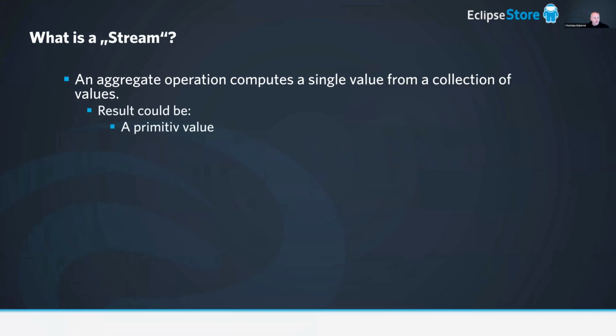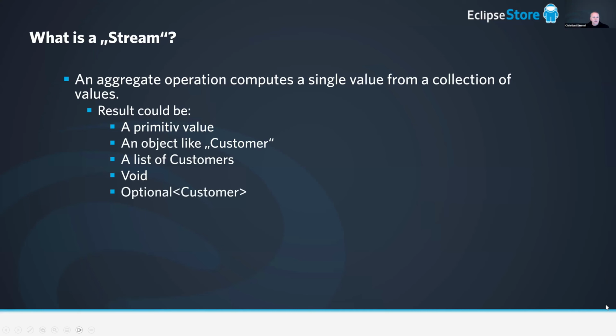Whenever you stream through something, you could get a primitive value at the end. You could get an object like customer, for example. You could get a list of customers, and you could get nothing. So that means you only process something, and at the end you don't want to have a result. You just want to process something. Or you could get an optional.